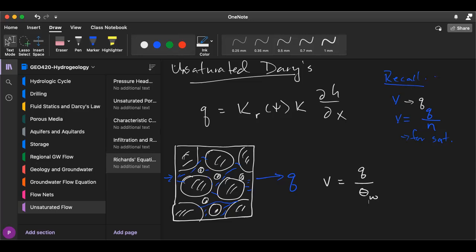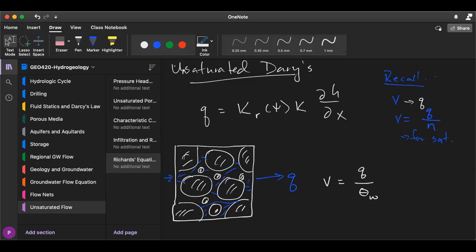What this means is that the fluid velocity is actually faster the drier your soil is. It's kind of mind-blowing. It's like when you've got a hose and you put your thumb over half of the hose, the water moves faster, right? All this means is that my thumb's covering more of the hose.